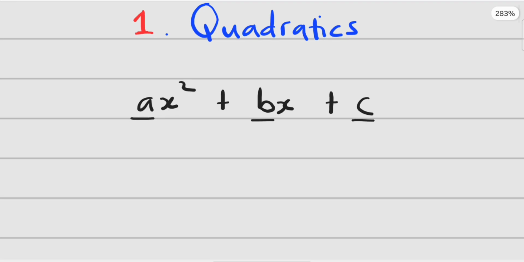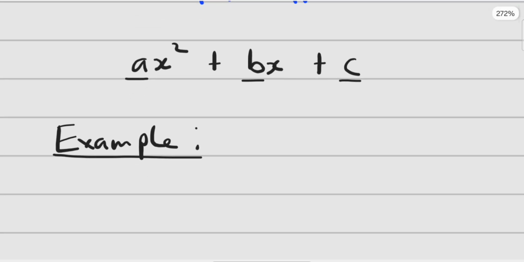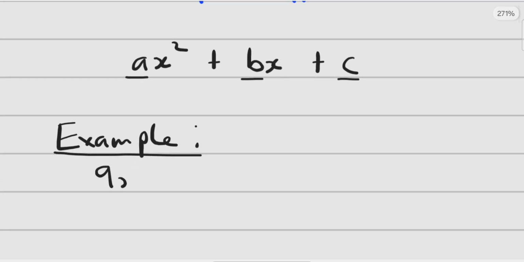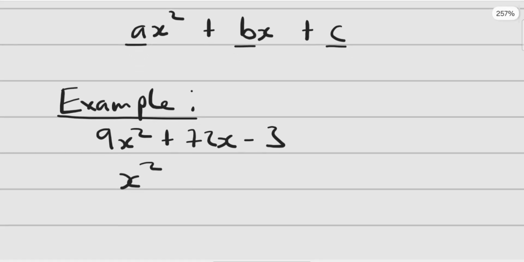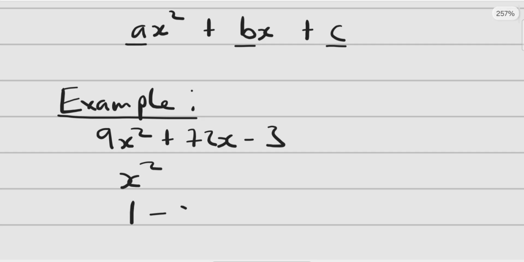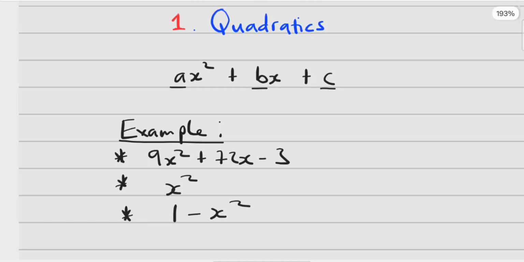For example, it can be like 9x squared plus 72x minus 3, or maybe just x squared, or 1 minus x squared, right? So these are just examples of quadratic expressions.